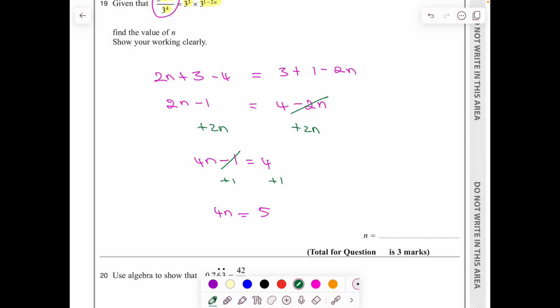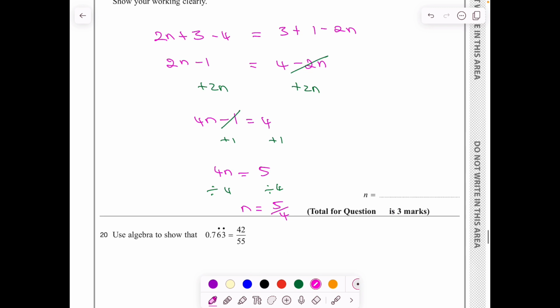And then I will divide both sides by 4 to give me n equals 5 over 4. Okay, if you turned it into a decimal, that is also fine as well, which I think is 1.25.